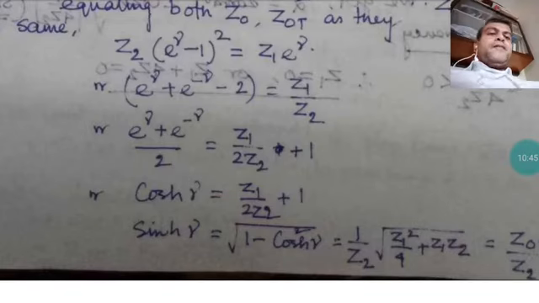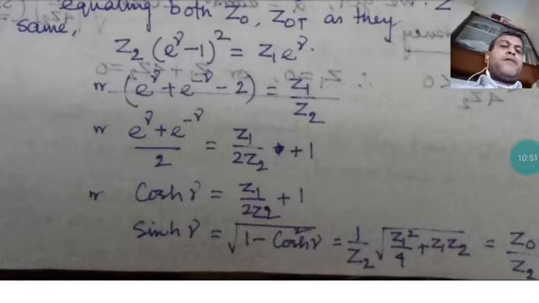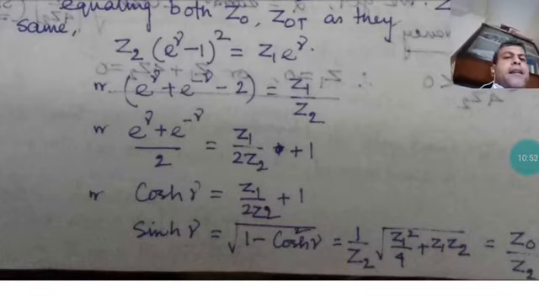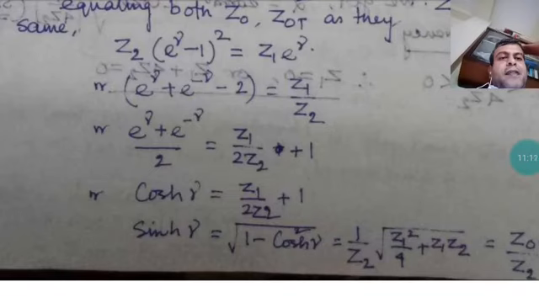If you are having some doubt on evaluating this cosh gamma and sinh gamma, you know that cosh gamma equals root over of AD. So for the symmetrical network, A equals D, so you can easily calculate it. What is the representation of A and D in Z parameters? You just place it right here and you can easily get the expression of cosh gamma.